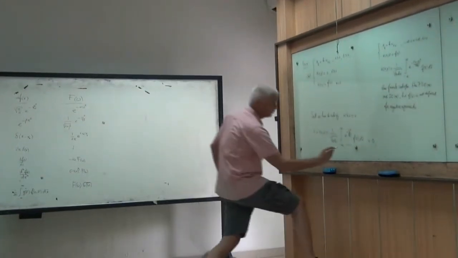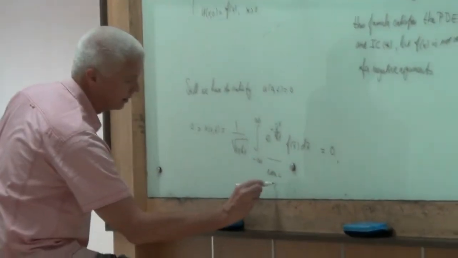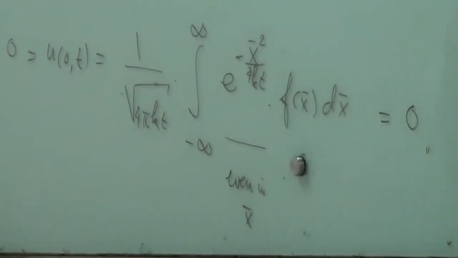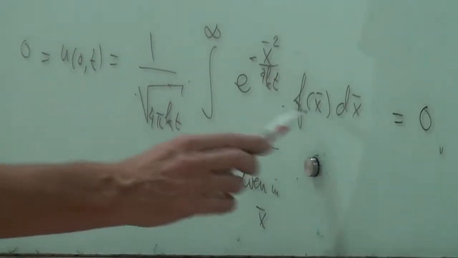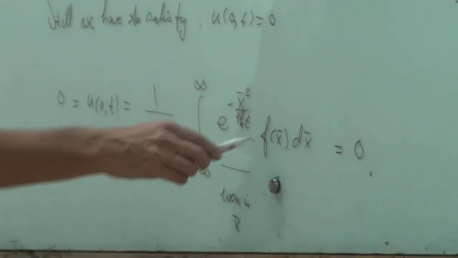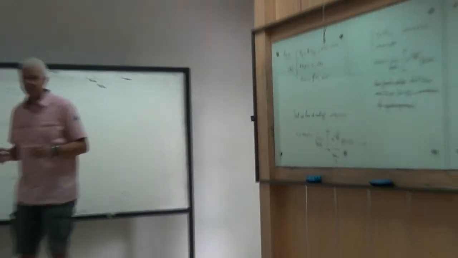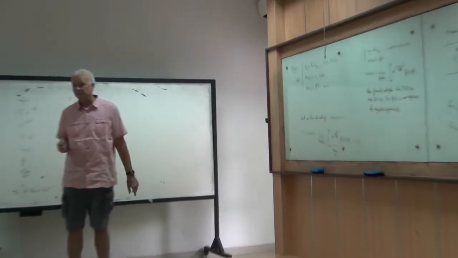So this function is even in x. I multiply that with the function f(x), which is only defined for x positive, and for x negative it's not yet defined, but the integral should be equal to 0. What should be the property of f to get this always 0?